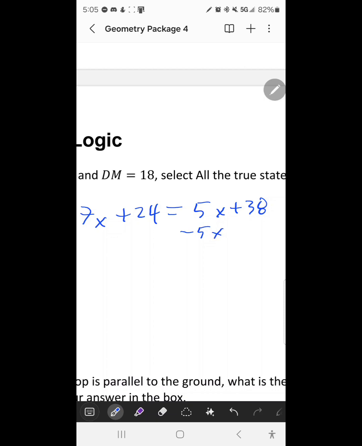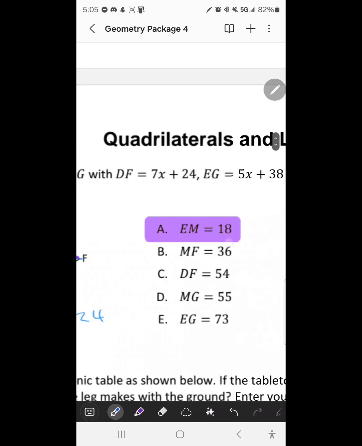So we subtract 5x from both sides, and we subtract 24. This cancels. And we have 7x minus 5x is 2x, and then 38 minus 24 is 14. Now we divide by 2. I have that x equals 14 divided by 2, which is 7.